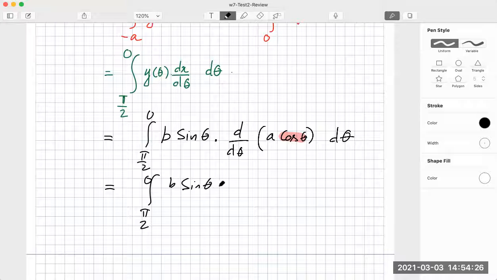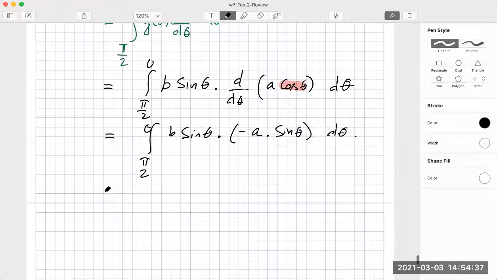Which means it becomes negative a times sine theta, d theta. Then we can take out the constants: a and b and the negative sign here are simply constants.